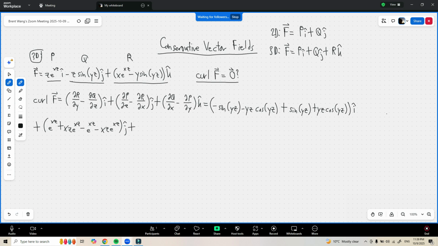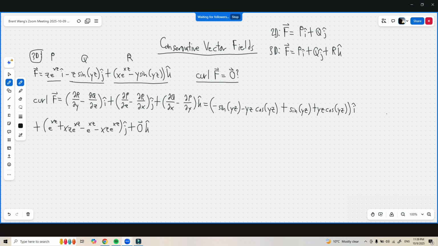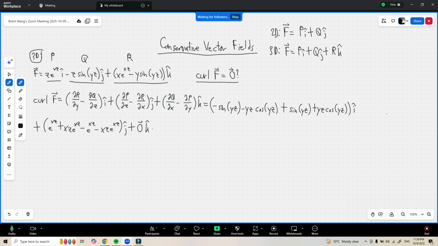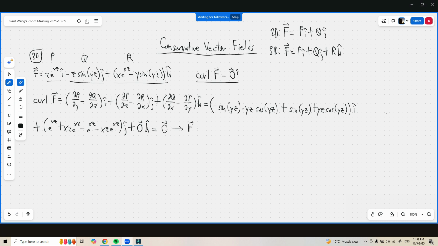Plus, and lastly ∂Q/∂x. So ∂Q/∂x is 0 and ∂P/∂y is also 0. So 0 in the k direction. And if you take a look, the i, j, and k directions all have 0. So this is a 0 vector, and this means our vector field is thus conservative.